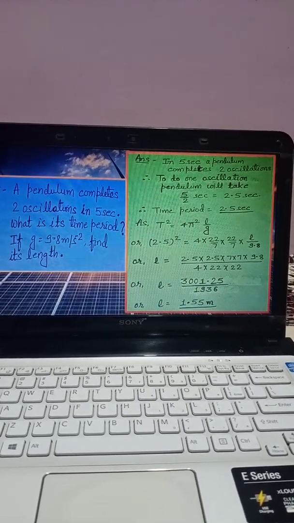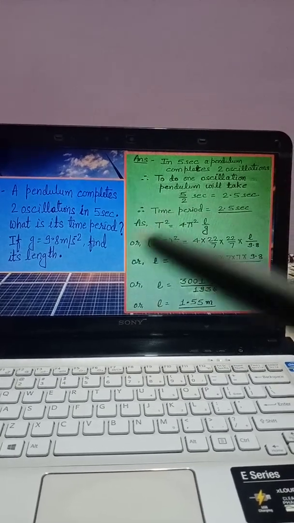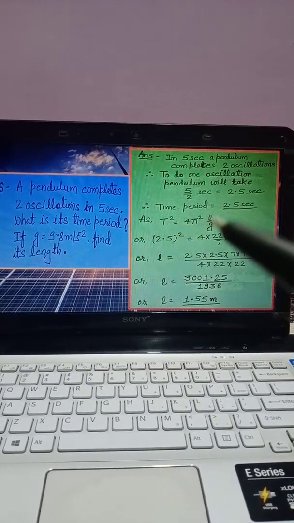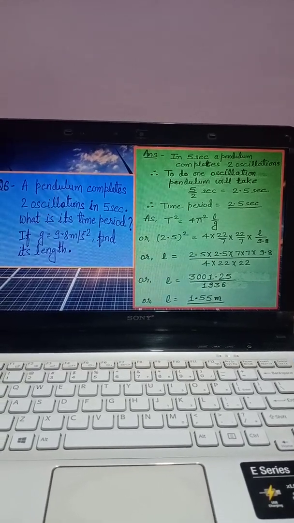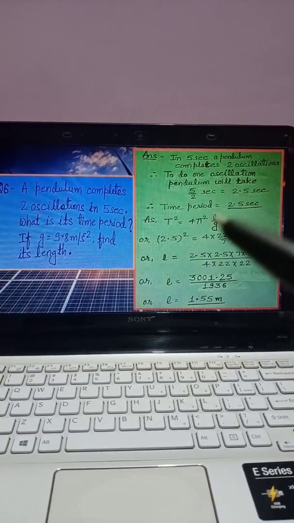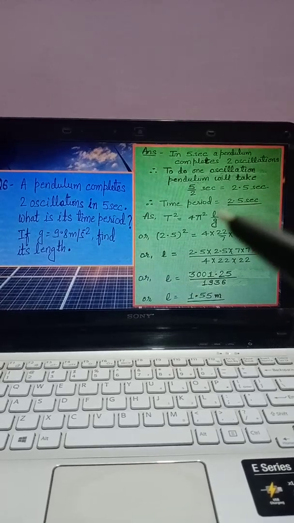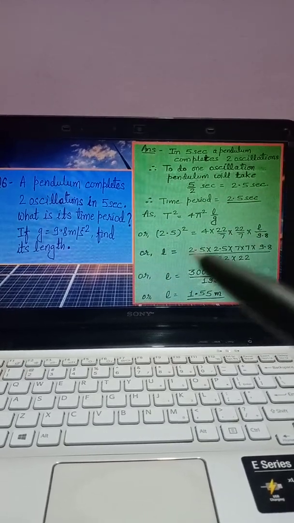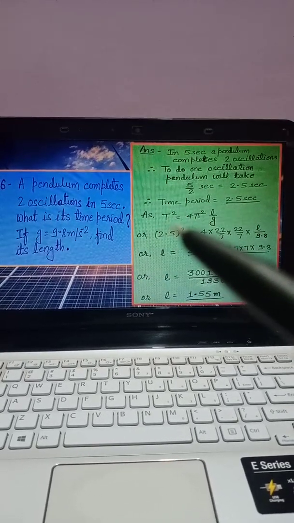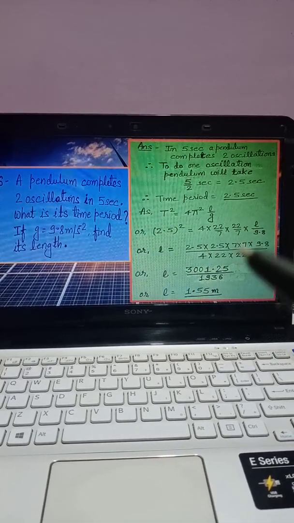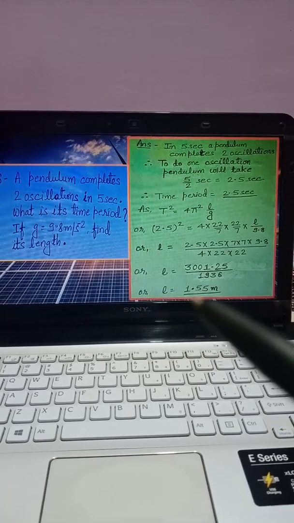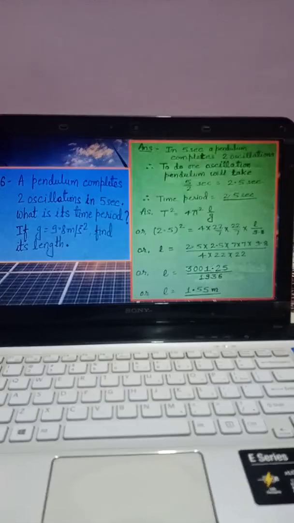In this condition we have found how much time is taken by the pendulum to complete one oscillation, which is called its time period. Then, as we got the time period, we find the length of the pendulum using the formula T square is equal to 4 pi square L by g. By substituting all these values, we got the length as 1.55 meter.